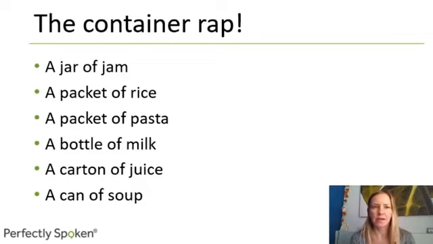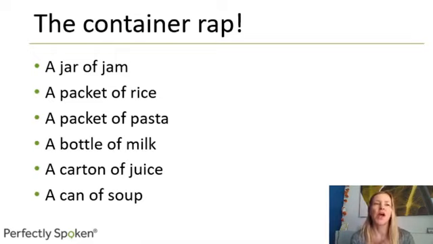Again, a packet of rice, packet of pasta. Again, with bottle of milk, carton of juice, can of soup.